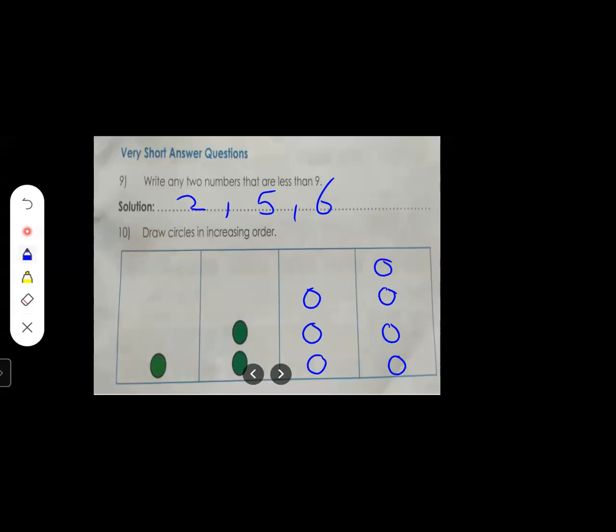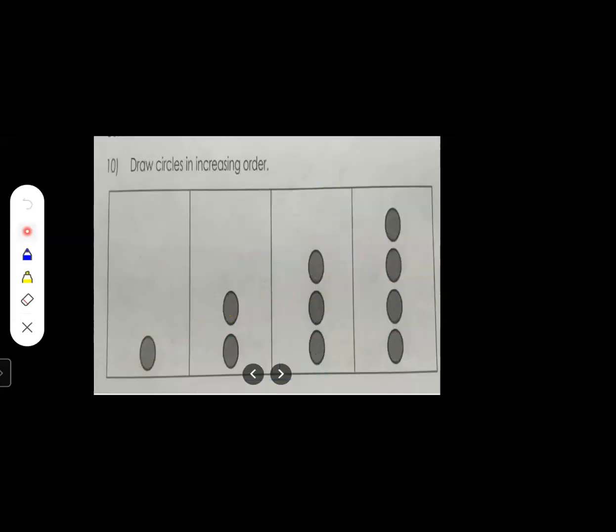So you can see over here, smaller to bigger. This is increasing order. Which order is this? This is increasing order. You can see in the picture.